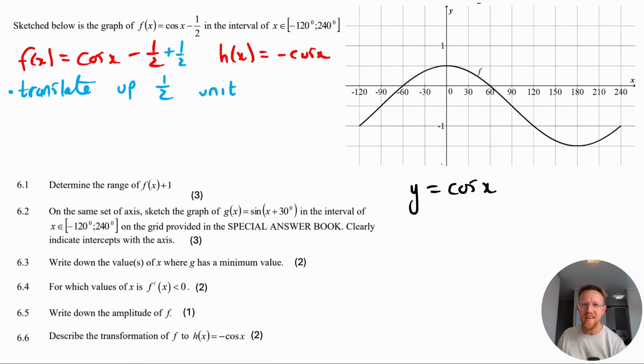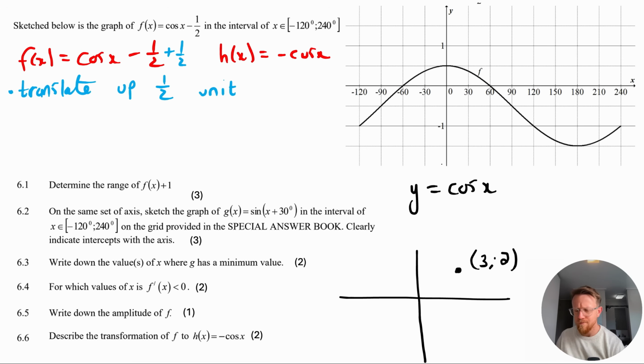So how do we mathematically go from this to this? Well, that is actually a reflection in the x-axis. Let me explain. If you have an x and y system, and let's say we've got a random little point here and the coordinates are 3 and 2. If you reflect something in the x-axis, the x value doesn't change, but the y value flips over.